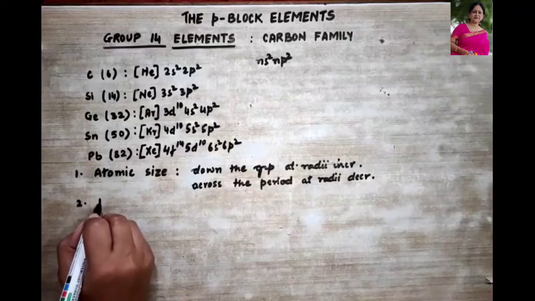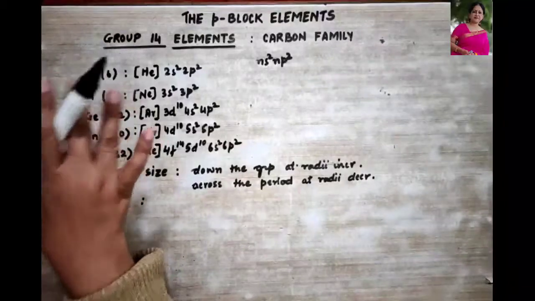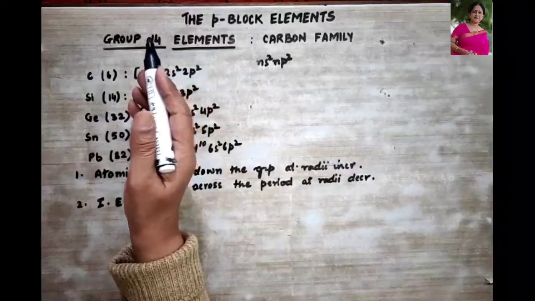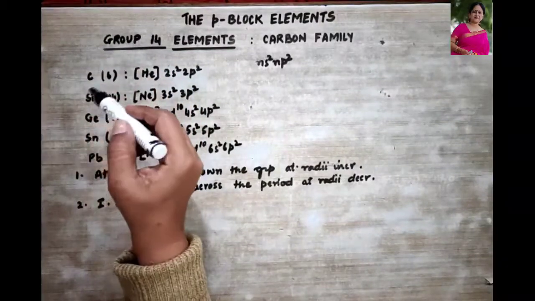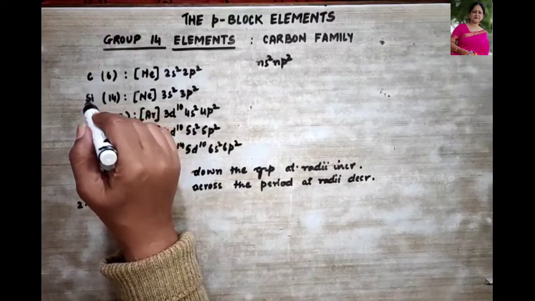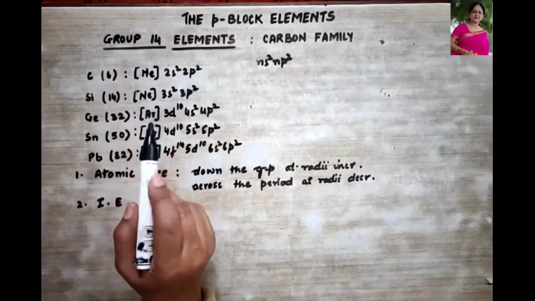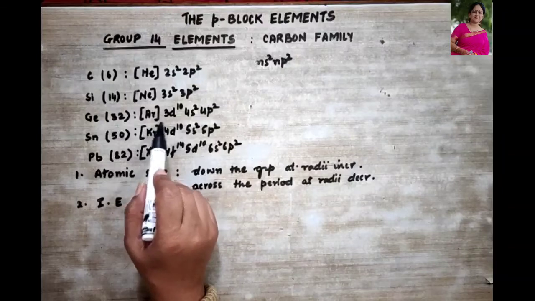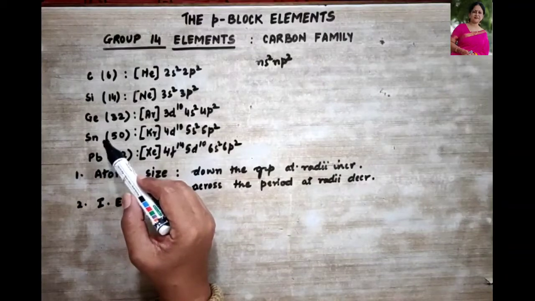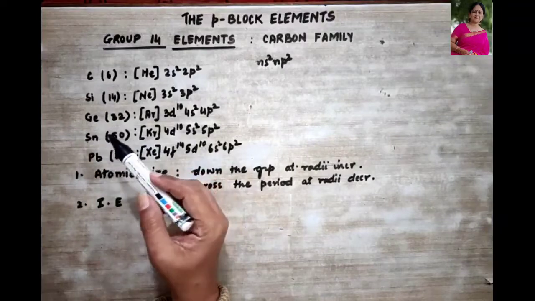Next we talk about ionization enthalpy. So now we are going to see the ionization enthalpy down the group. How does it vary, or what is the irregularity over here? You will see that the decrease in ionization enthalpy from silicon to germanium is comparatively less due to the poor shielding of the d orbitals. Clear? Now look at the ionization enthalpy of lead. It is slightly higher than tin.